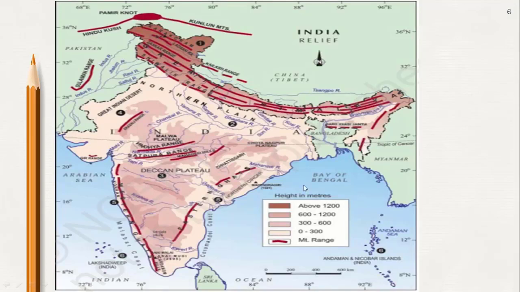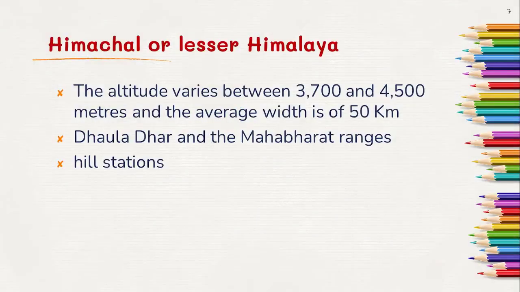So you can see here the first layer is Greater Himalayas, then Lesser Himalayas, and the last one is Shivaliks. Now the next one is called Himachal, and this is also called Lesser Himalayas.